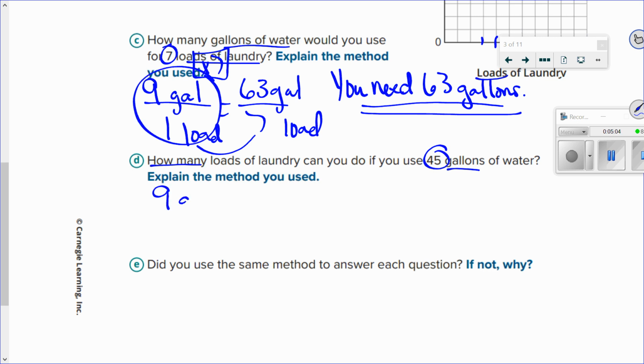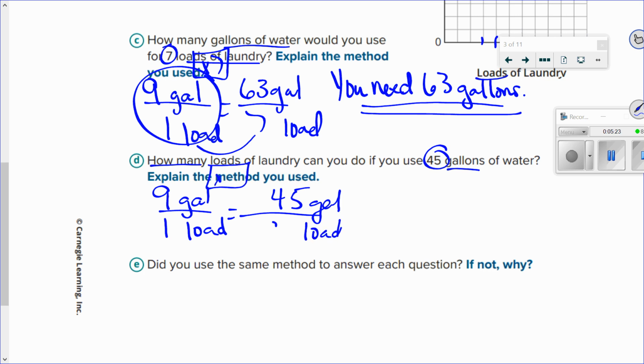So if we go 9 gallons to one load, equals 45 gallons. How do I go 9 to 45? Times 5. So 1 times 5 gives us 5 loads. So you can do 5 loads.